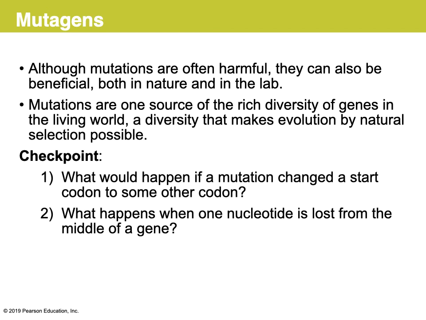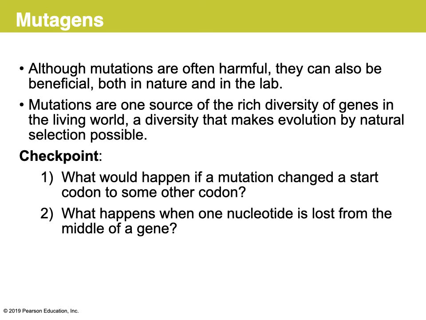Now, although mutations can be harmful, they can also be beneficial, both in the natural world and in the laboratory. One of the reasons there is such a diversity of genes in the living world, the example in one of the videos was talking about eye color, right? That's just one tiny example. But the diversity of genes out there all comes from mutation, right? It's a source of the diversity that we see in the living world. And because you have diversity in form, then what?